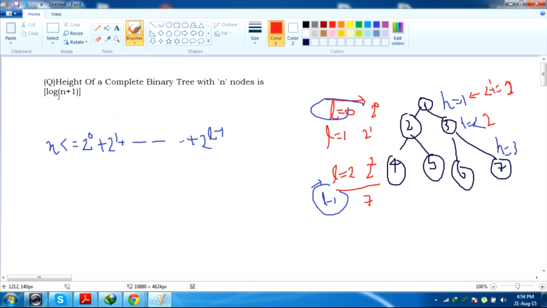The height where you are standing is put as a power of 2. So 2 to the power 2 minus 1 gives you 3. That is the total number of nodes up to height 2. Now up to height 3, if you want to know the total number of nodes, put the height 3 and subtract 1 from it, you will get 7. So 7 nodes are here up to height 3.